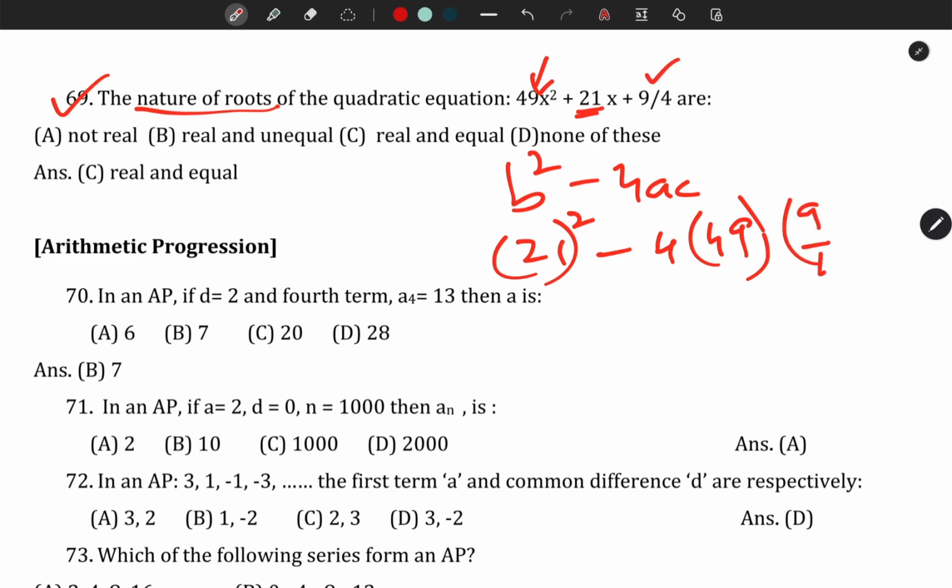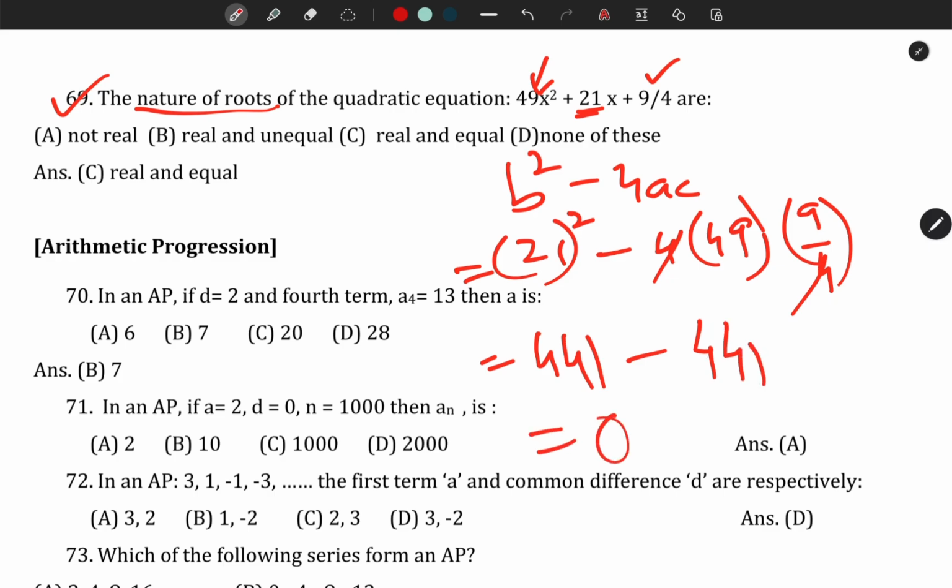So we'll put 9 by 4. So 21 square, we know it's 441. If you cancel this, 49 into 9 also will give us 441. So discriminant we are getting 0, and since discriminant is 0, the equation has real and equal roots. The nature of the roots are real and equal.